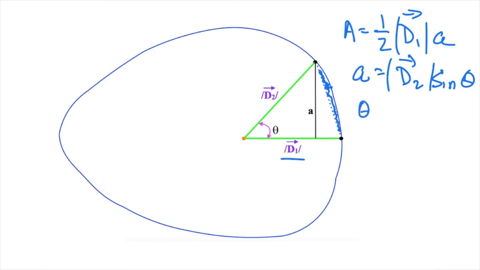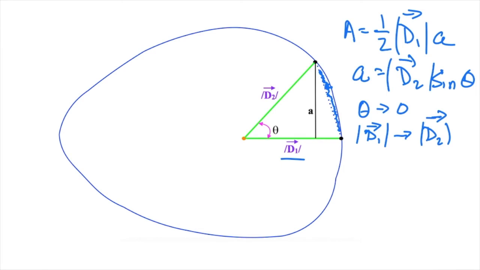And so as theta approaches 0, a couple of things happen. Number one, the value of the displacement vector d1 approaches that of d2. In other words, they become equal, or essentially equal.